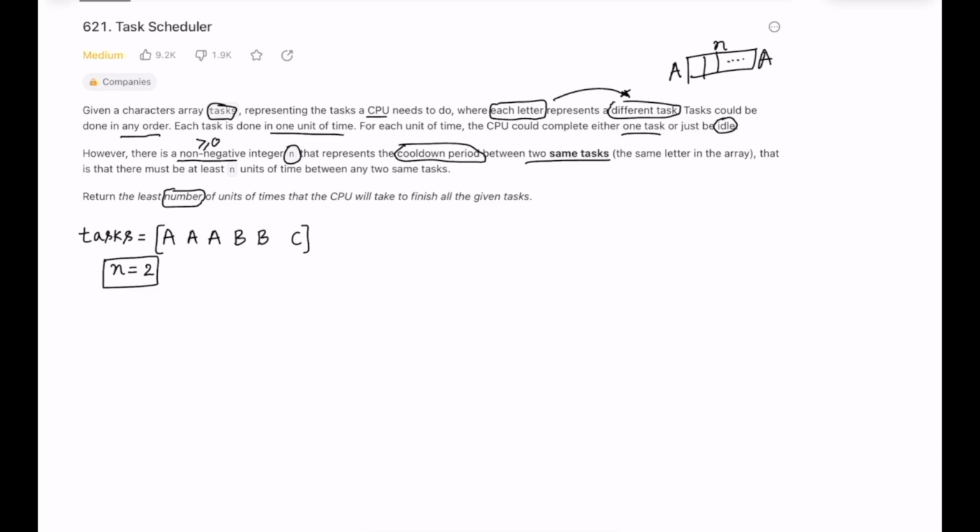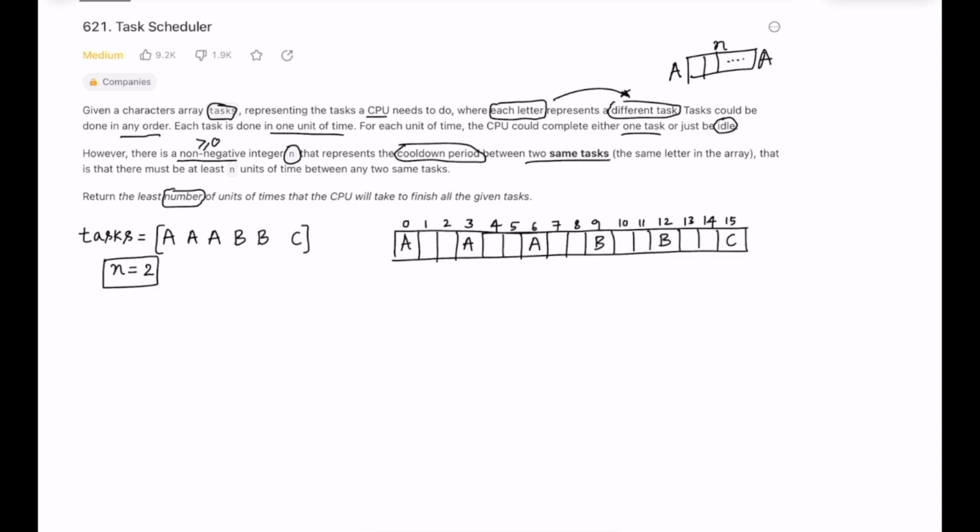So what would be the brute force approach for this problem? In the problem, we are given that we can execute these tasks in any order. How about we generate all possible orders while maintaining a cooldown period and pick the order that has the least units of time? Here is an order that we can start with.